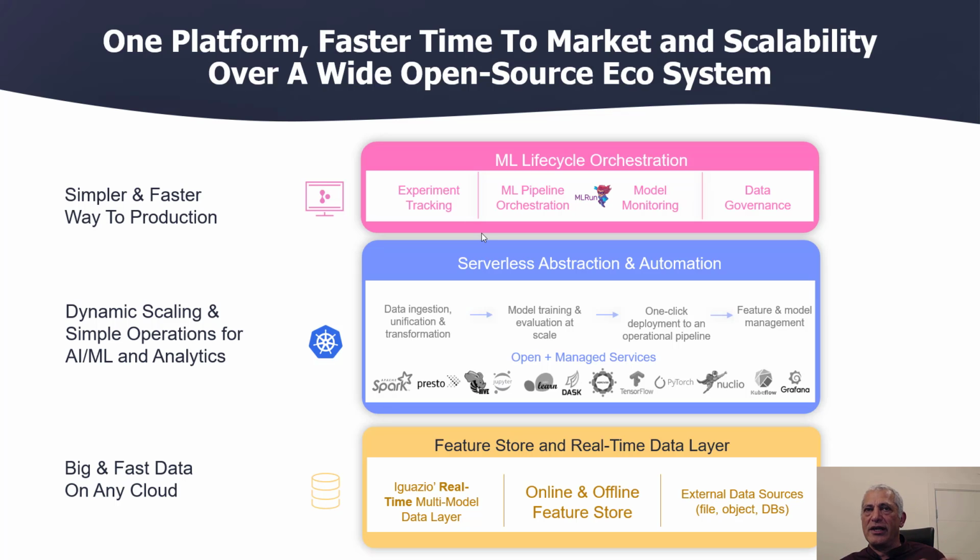So this is the auto-scaling, fully managed set of serverless services and functions for the different steps in your pipeline. And on top of it, you have another set of orchestration and management tools to make your life much simpler: experiment tracking, model management, job scheduling, building graphs of pipelines for real-time or batch, data governance, data monitoring, billing, and so on.